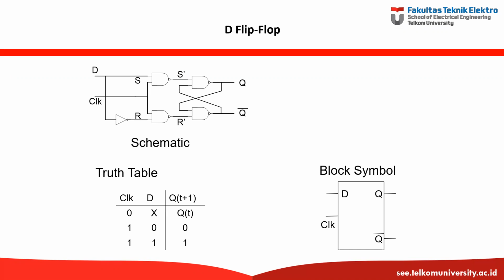Every time I send 0 as the data, the output becomes 0, and when the data is 1, the output becomes 1. It's just storing the data, so that's why it's called data flip-flop.